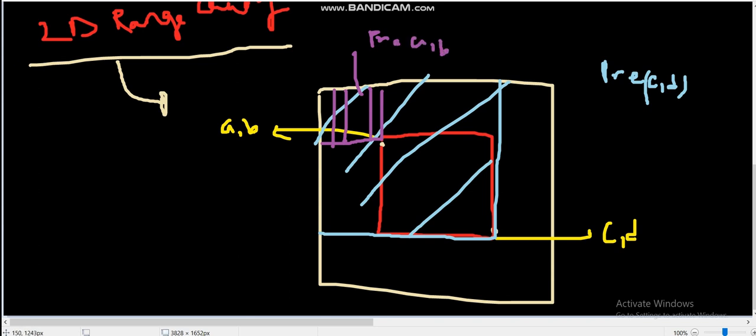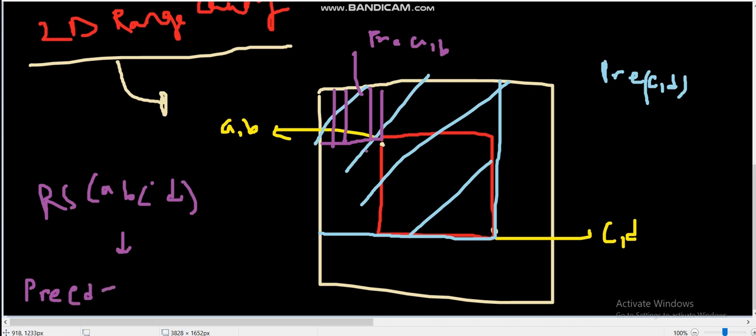So for finding the range sum, or we can say RS, of a, b, c, d, what formula can we write? The total prefix[c][d] will be required to us, minus we will be deleting this part, and similarly we will be deleting this portion.